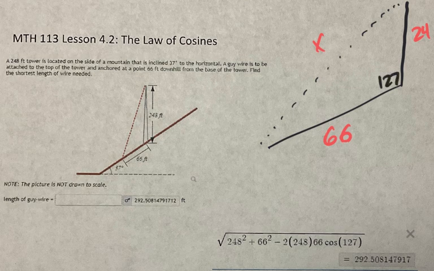That angle is always going to be 90 plus the angle of inclination. I'm looking at this triangle, the one that's right there. This angle right here is 127. It's 90 plus 37, the angle of inclination, or the incline angle, which was 37.